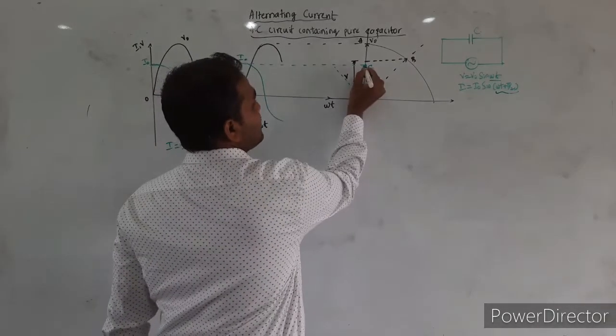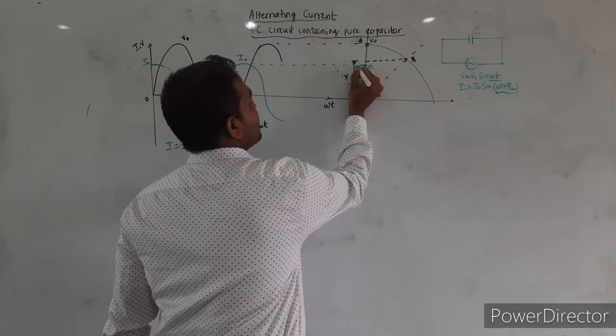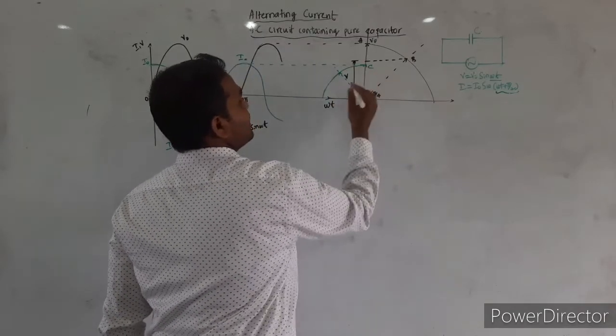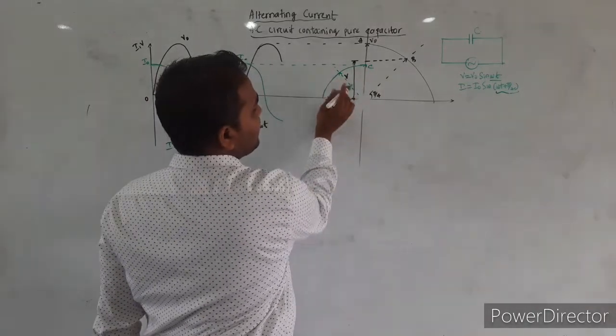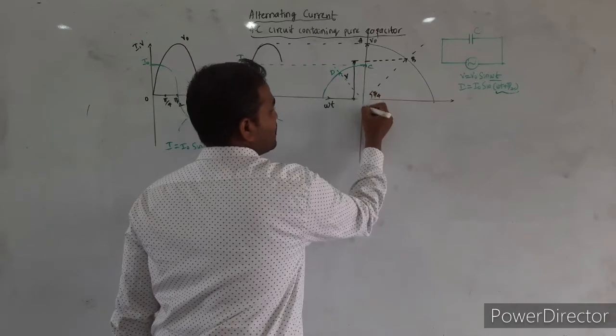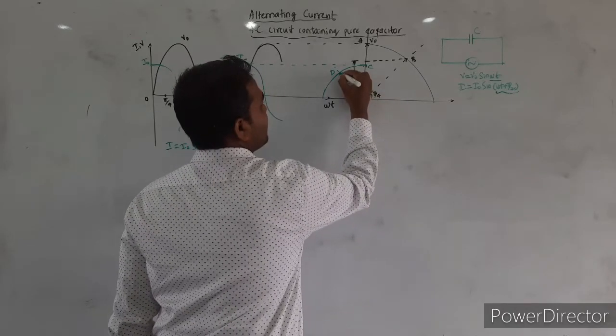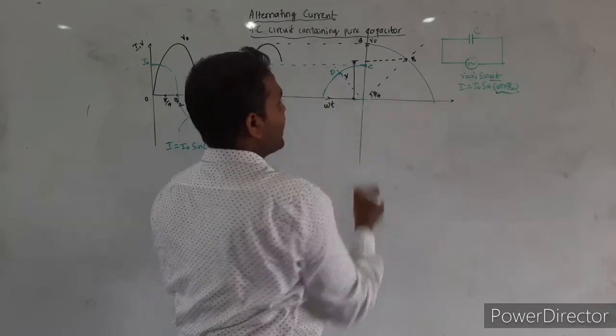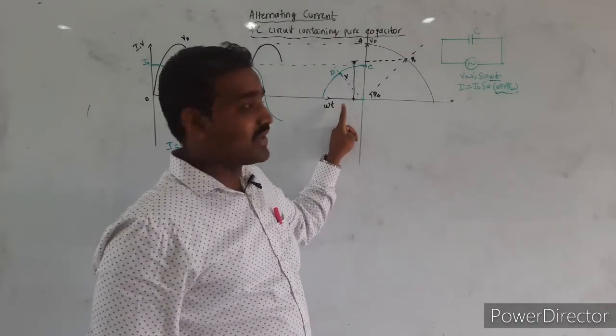So for that, just rotate this vector by 90 degrees. Wherever this circular arc and this 135 degree line intersect, let us say this is point D. This point D will give me the position of the current phasor when the phase angle for current is 135 degrees.